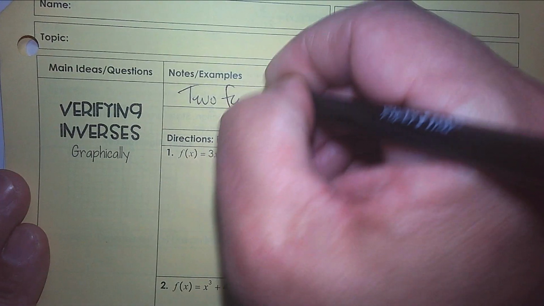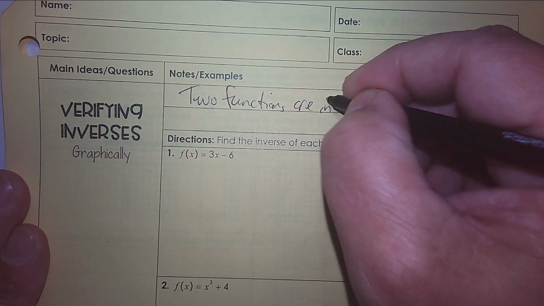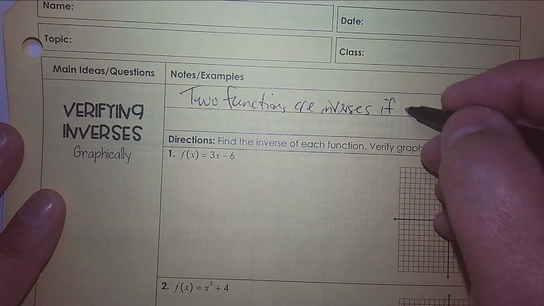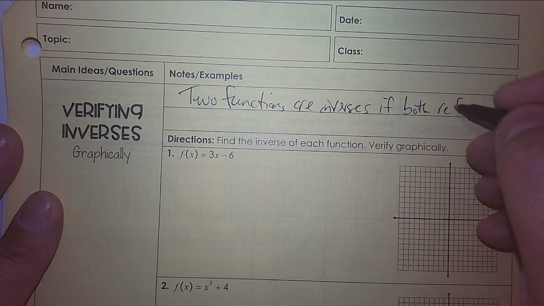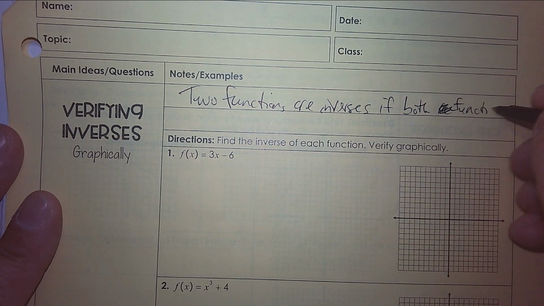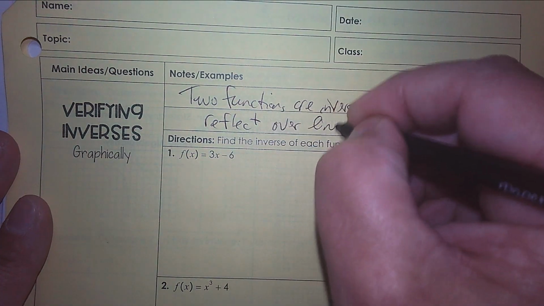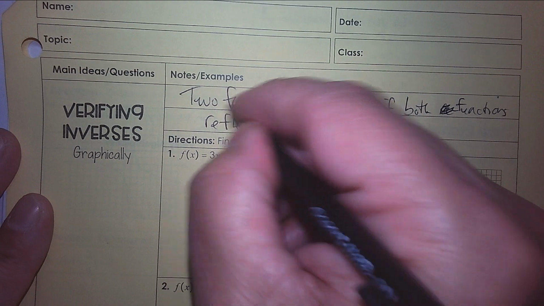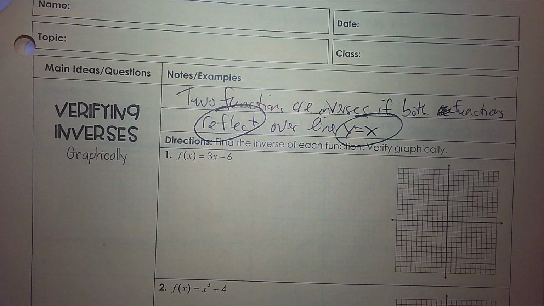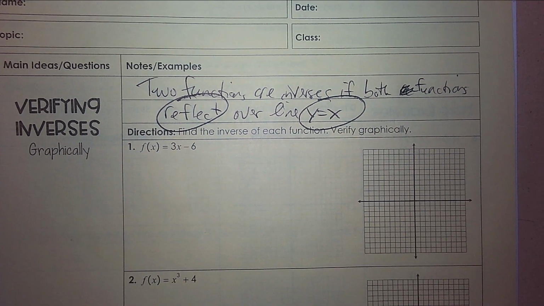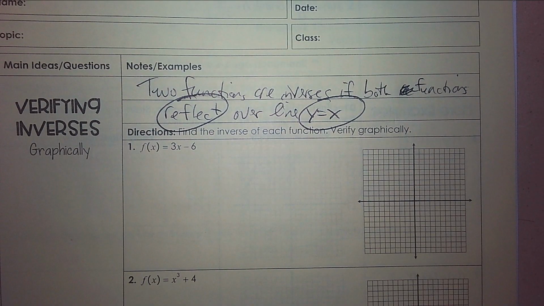Two functions are inverses if both functions reflect over the line y equals x. The big word I want you to get is reflect and y equals x. So if you graph a function and its inverse, and you draw the line y equals x, they fold. If you fold it over that line, one would go on top of the other.